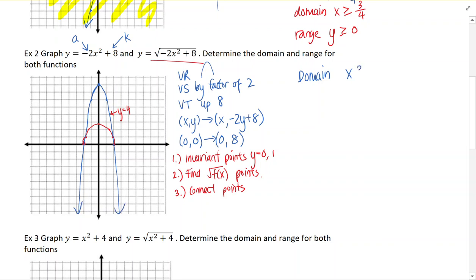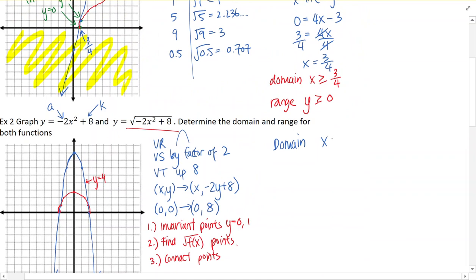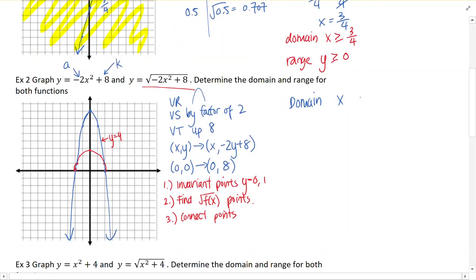So x belongs to all real numbers, and the range will be y. Nope, does not belong to all real numbers. Y has this maximum point of 8 and will be anything smaller. So y must be smaller or equal to 8.